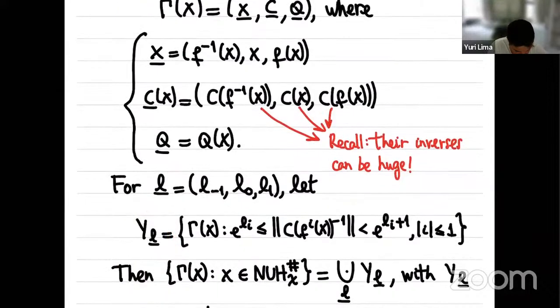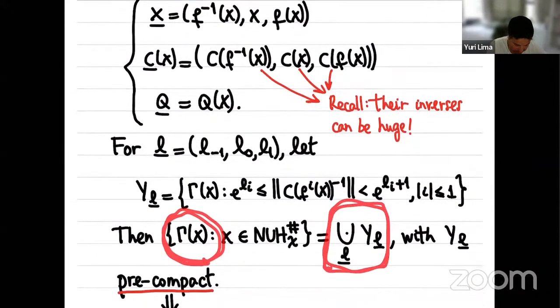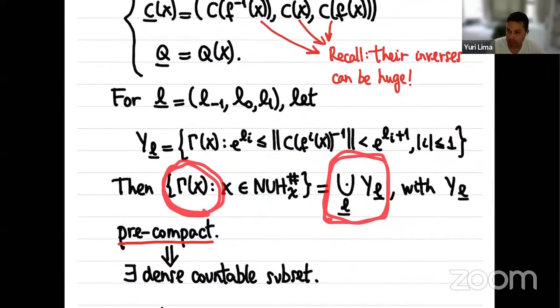And now we are done because the space of all tuples that we wanted to approximate is the disjoint union of these Y sub L's. Each Y sub L is pre-compact, so it has a dense countable subset.